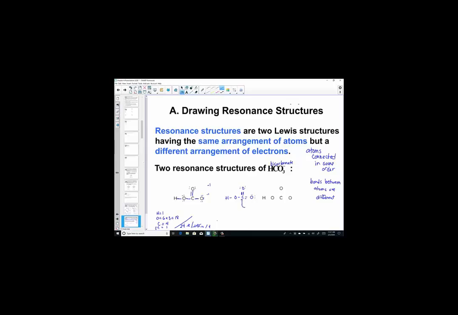What I want you to examine is what that did to the carbon. That's a rule breaker right there. See how there are too many bonds on the carbon? Carbon will never, ever have more than 4 bonds, and I just gave it 5 bonds there. So that's not going to happen.